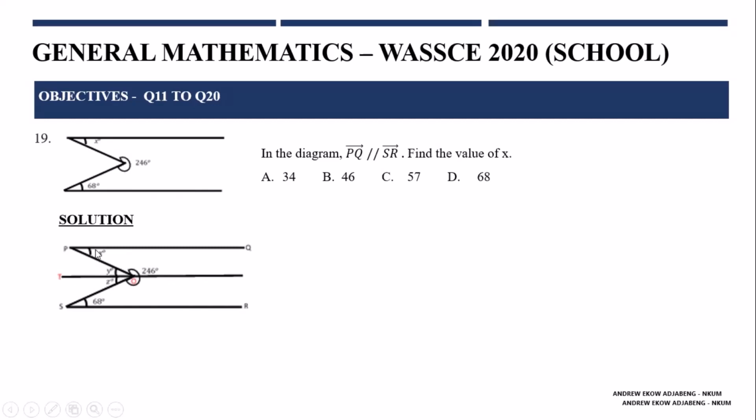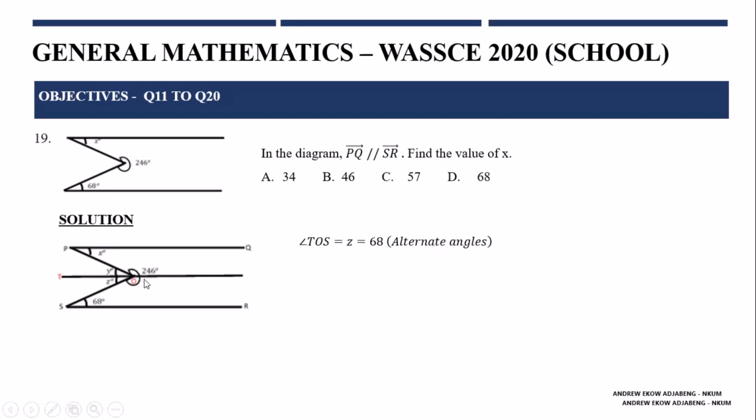Here, our angle P is X degrees, our angle X is 68 degrees. But the angle running from P to X is 246 degrees. So let's look at the solution. Here, angle TOS, which is the center here, is alternate to the angle X, which is 68.